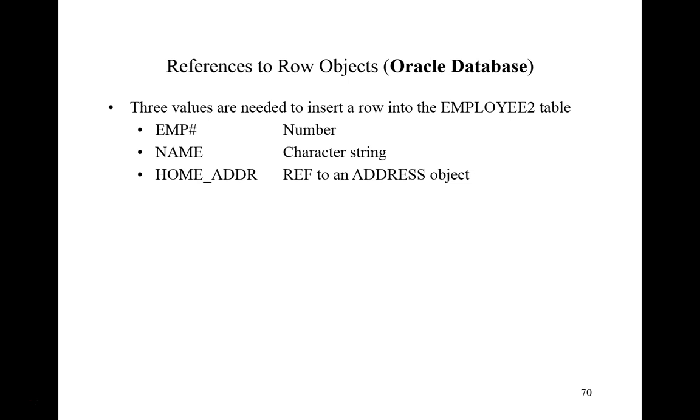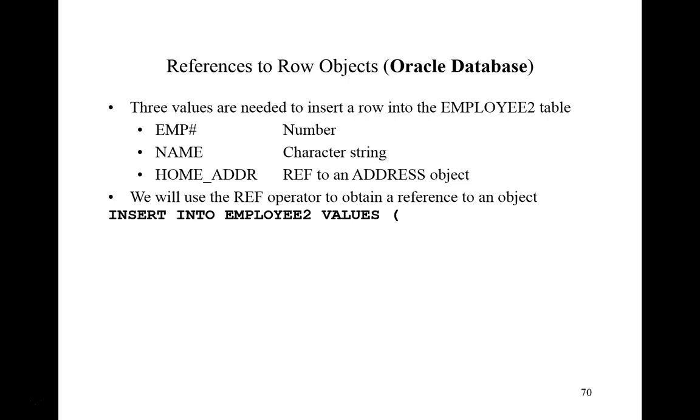The address objects that we just placed within the addresses object table will be referenced by the home address column. We'll use the ref operator to obtain a reference to an object when we construct the value that we're going to place in the home address column.